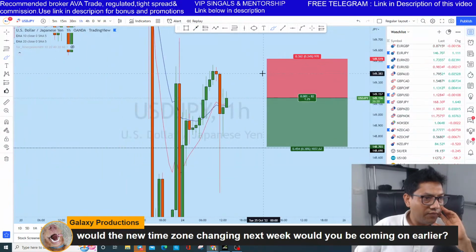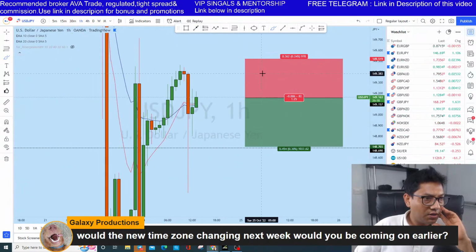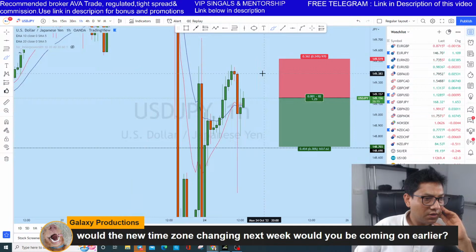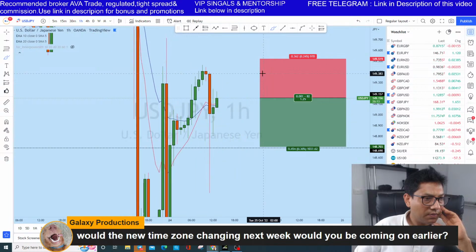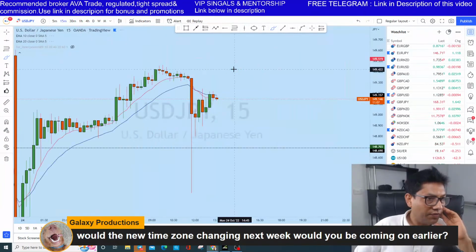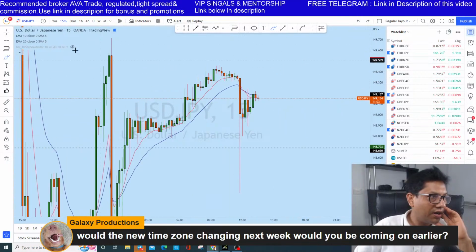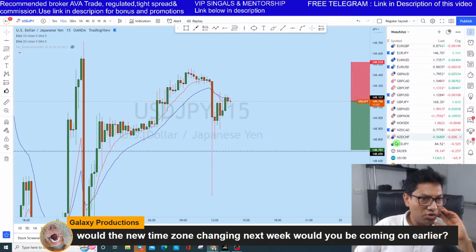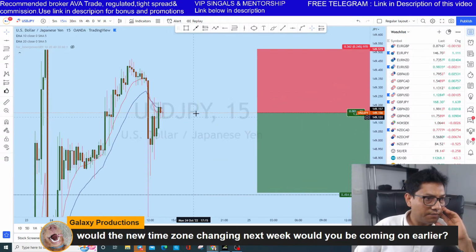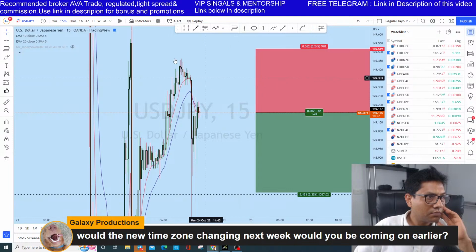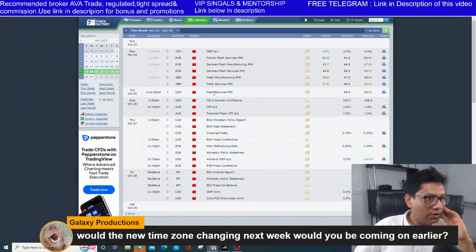Looking at the lower time frame, the hourly chart, and the 15 minutes again. Basically the price on the lower time frame is not moving because of the news coming up. Now this is the flash services PMI.